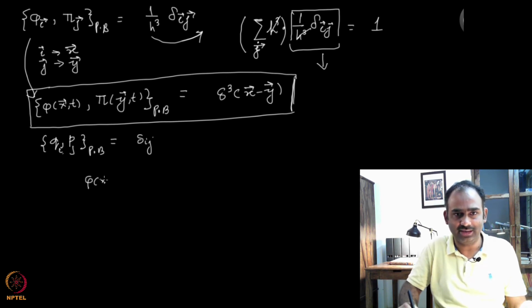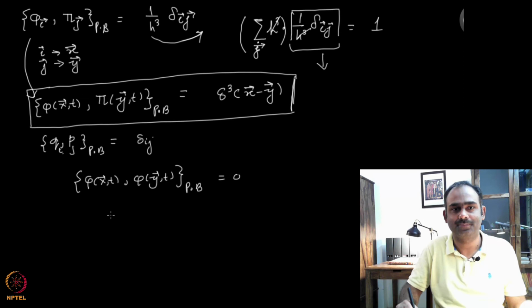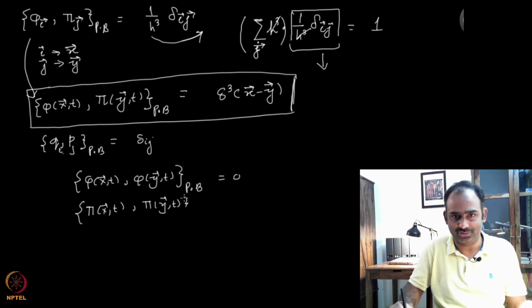The Poisson bracket of φ(x,t) with φ(y,t) vanishes. The Poisson bracket of π(x,t) with π(y,t) is also 0.